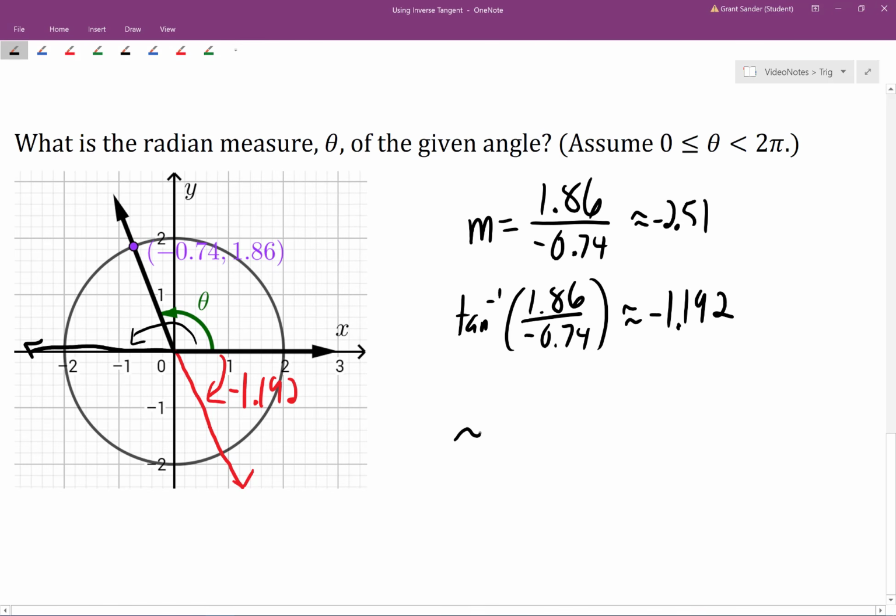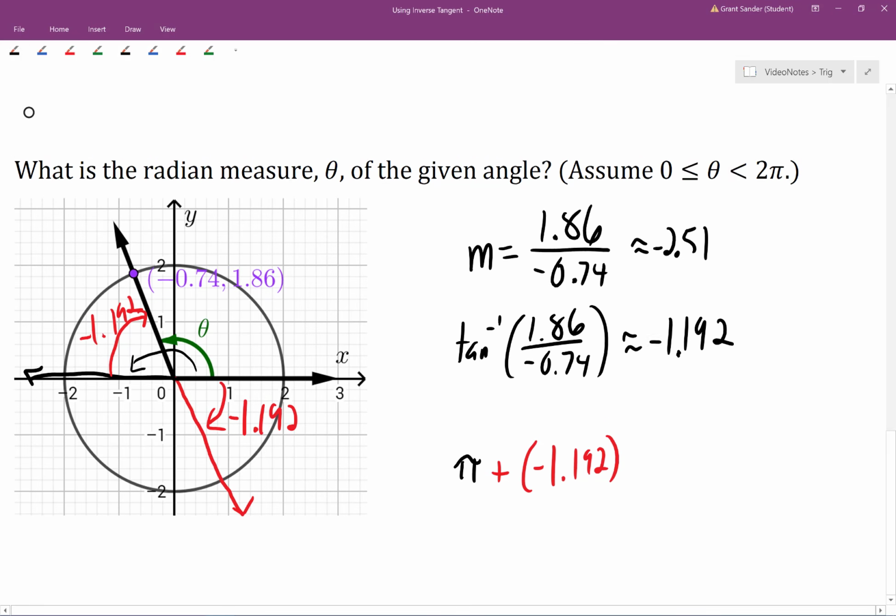So we'll start at pi radians, and then if we rotate an additional negative 1.192, which would move us in the clockwise direction, that would take us back to theta.